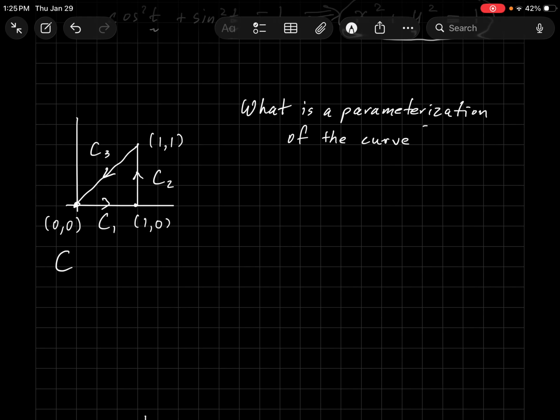Well, the nice thing is that we can do a parameterization for each piece. Later on, when you have to do this for integration, like line integrals and similar, you can choose any parameterization. Any correct parameterization will work, so it's nice to choose a simple one. So let's choose something really simple for C1. Let's just let x equal t.